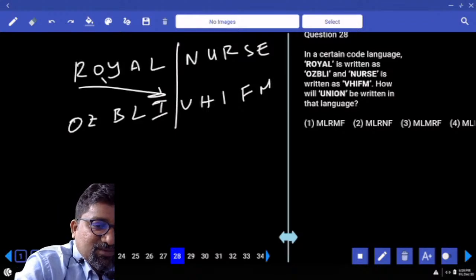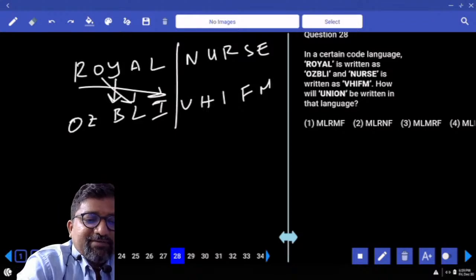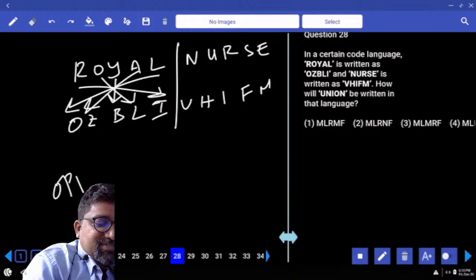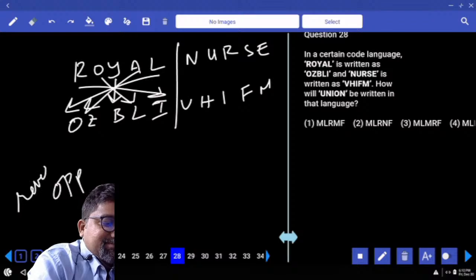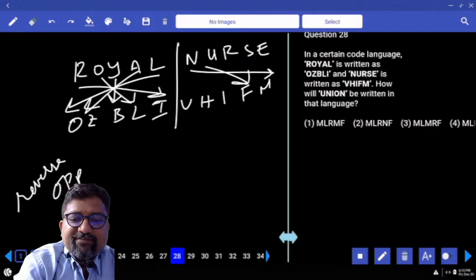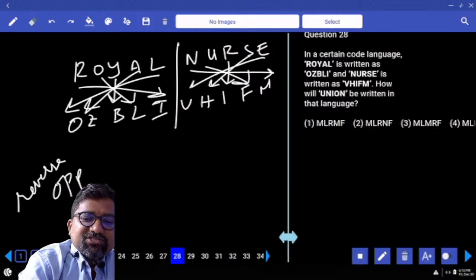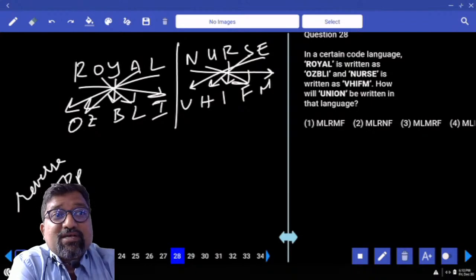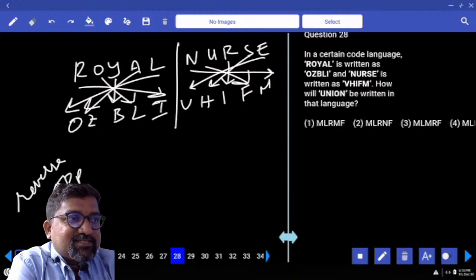R-I, opposite. O-L-Y-B-A-Z-L-O, opposite. But what? Reverse. Reverse opposite. N-M-U-F-R-I-S-H-E-V. Clear?